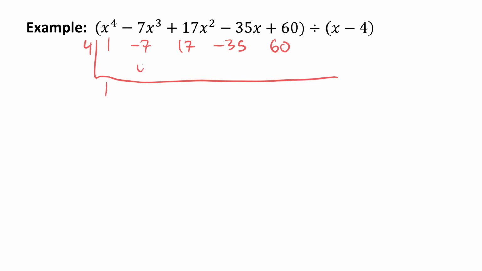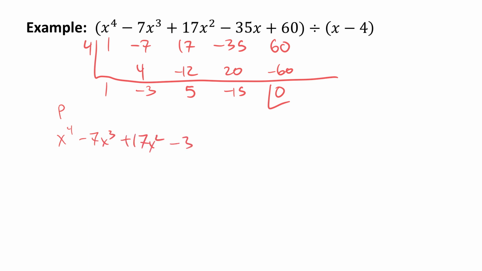1 comes down, 4, negative 3, negative 12, 5, 20, negative 15, negative 60. We got a remainder of 0. That's interesting. So again, if we write it in our formula, the polynomial, which is x to the 4 minus 7x cubed plus 17x squared minus 35x plus 60, equals the quotient.